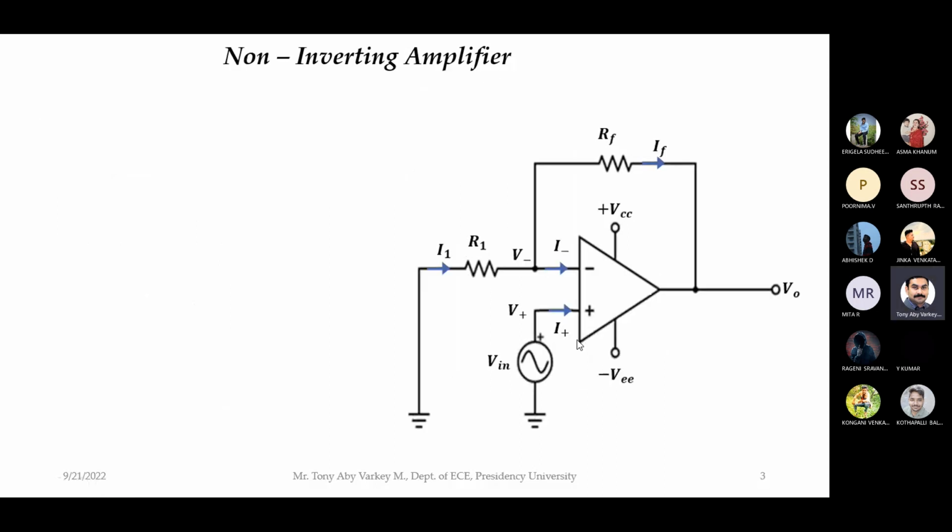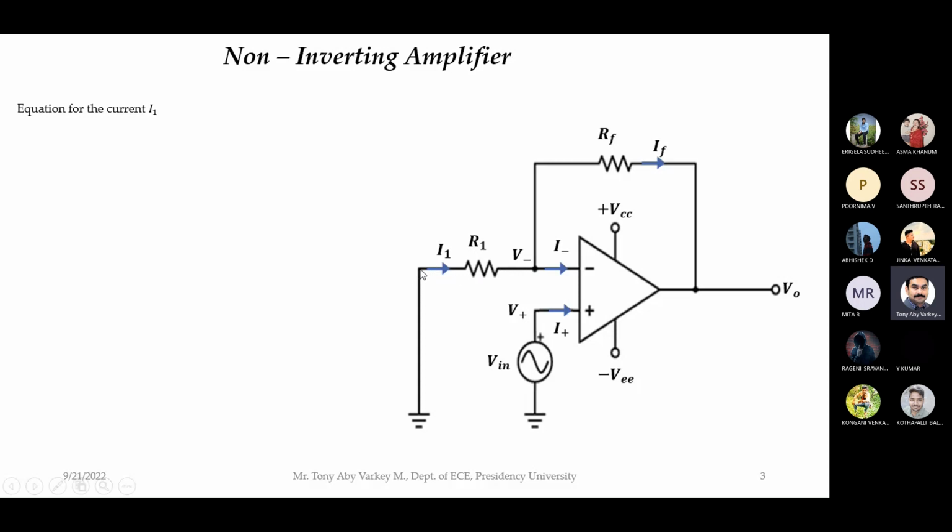Now let us write the equation for current I1. Can you tell me the equation for current I1? I1 means this current, correct? So this potential minus this potential, divided by R1.